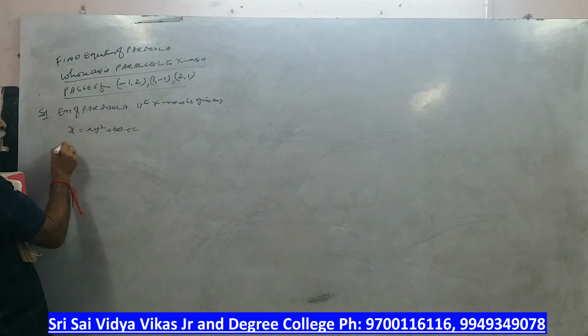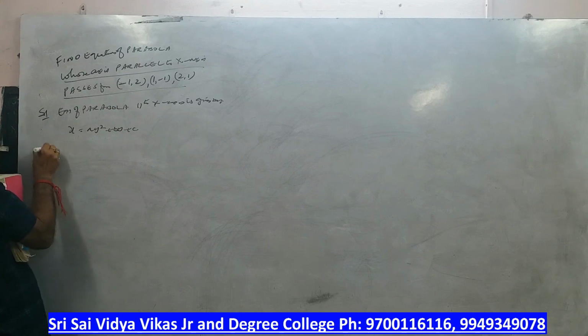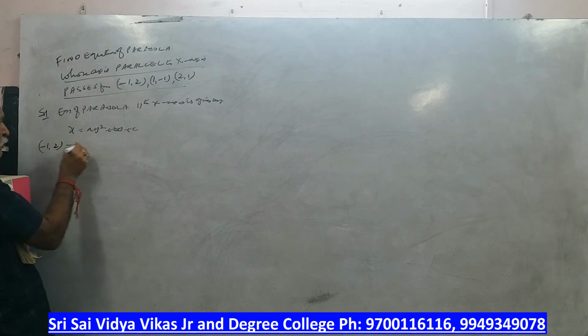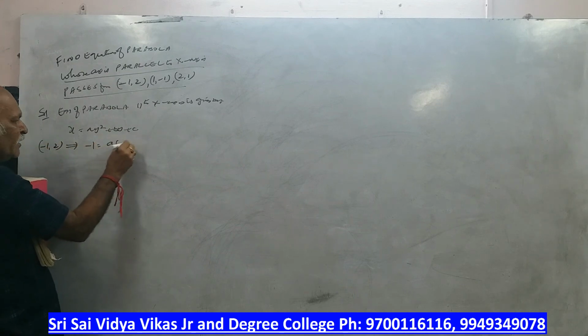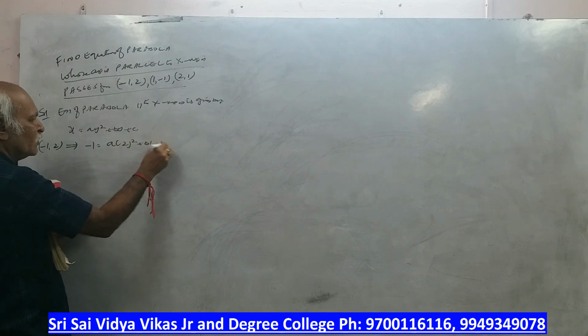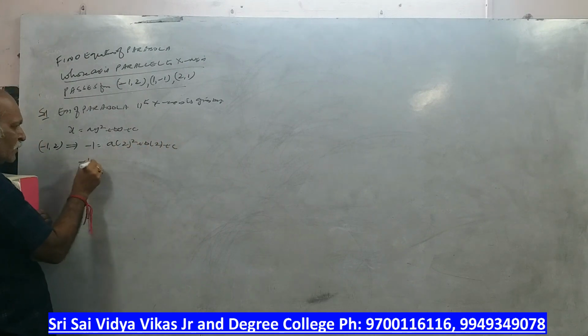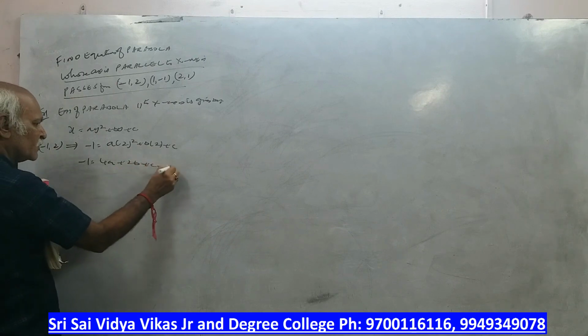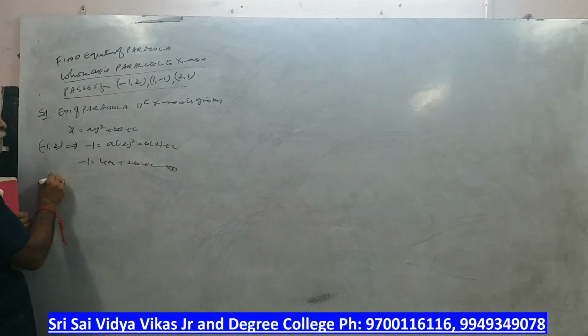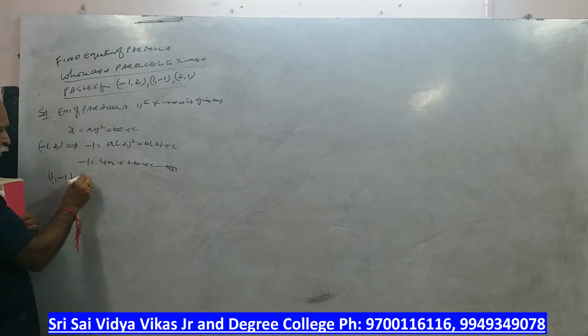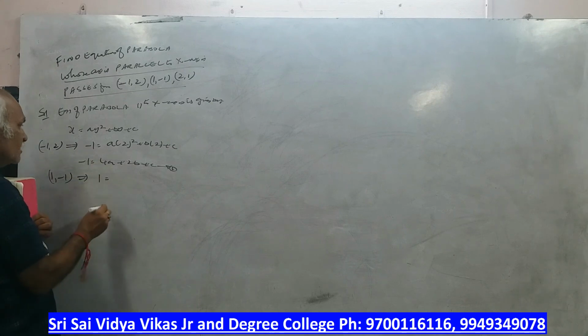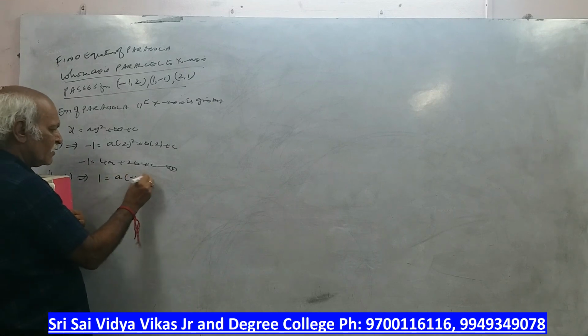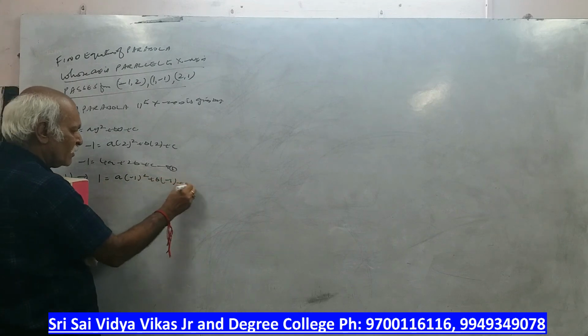Okay, so here first point is what, sir? Minus 1 comma 2. So minus 1 is equal to a into 2 square plus b into 2 plus c. So minus 1 is equal to 4a plus 2b plus c. First equation. What is second point? So x is equal to 1, a into minus 1 square plus b into minus 1 plus c.